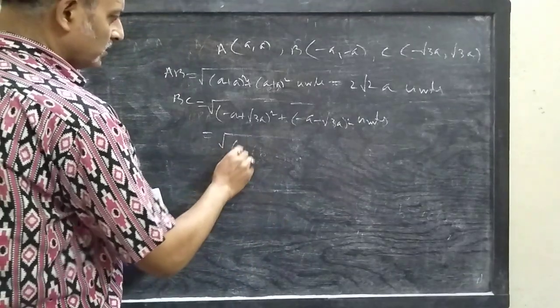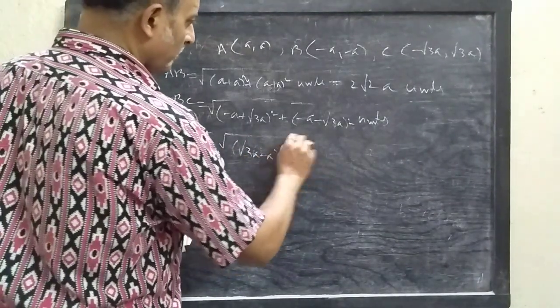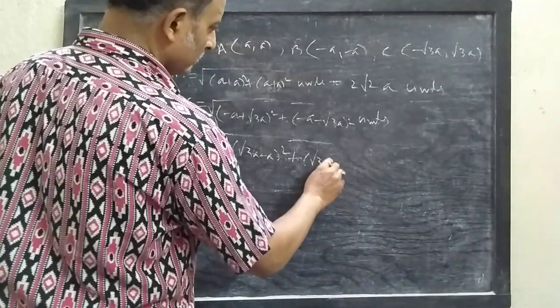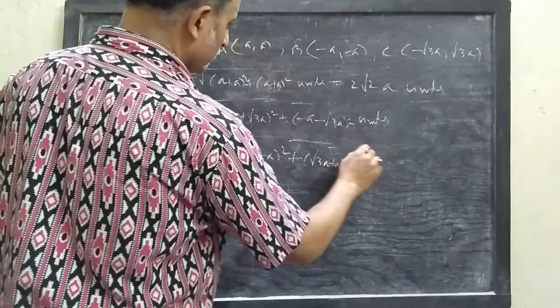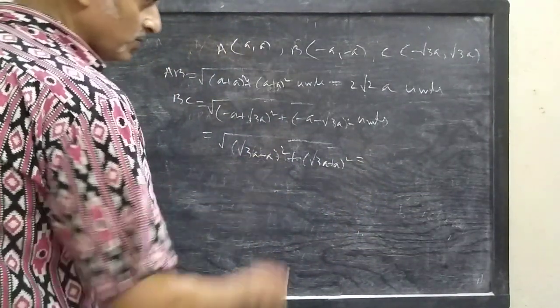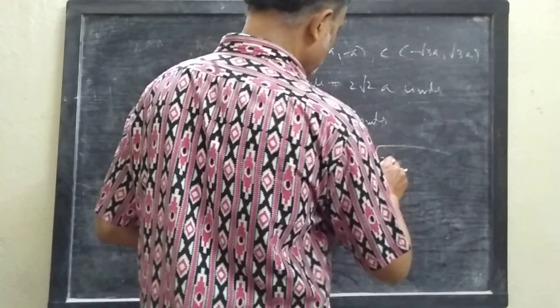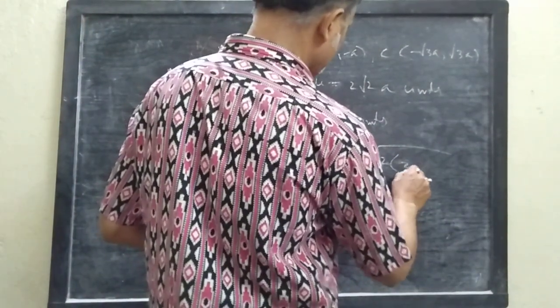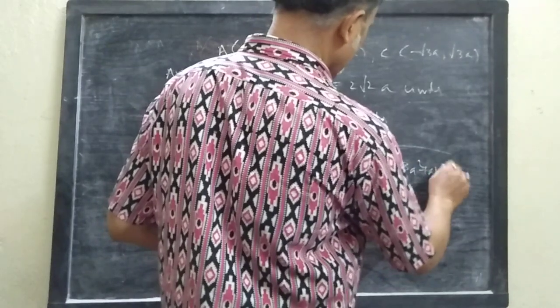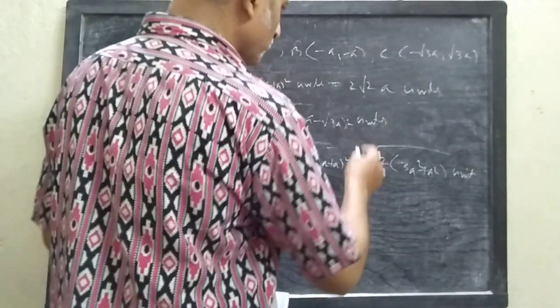Look, this is (√3a - a) whole square plus (√3a + a) whole square. We know the formula: (a - b) whole square plus (a + b) whole square is 2 into (a square plus b square). So this will be 2 into (3a square plus a square) units. So 8a square, so 2√2a units.